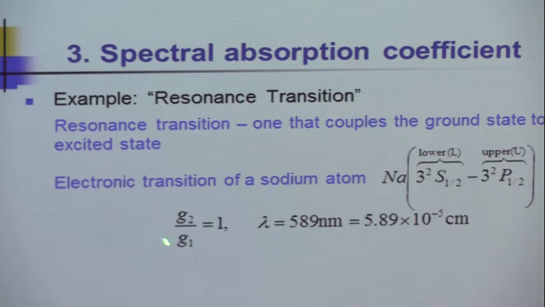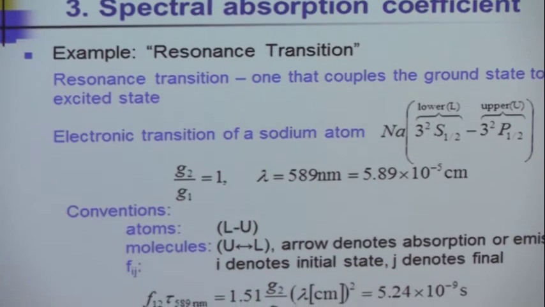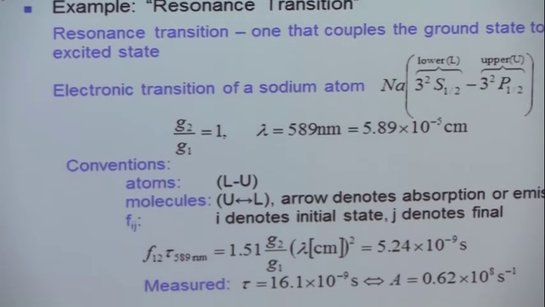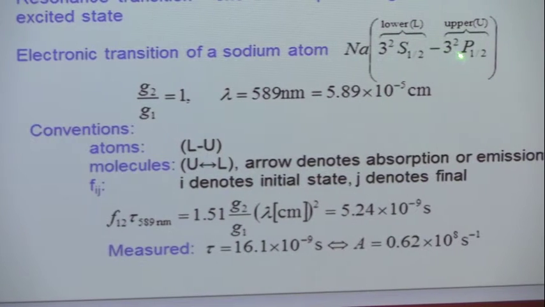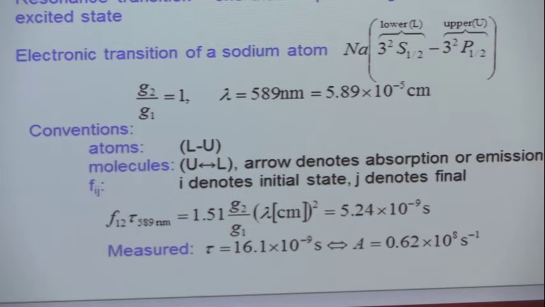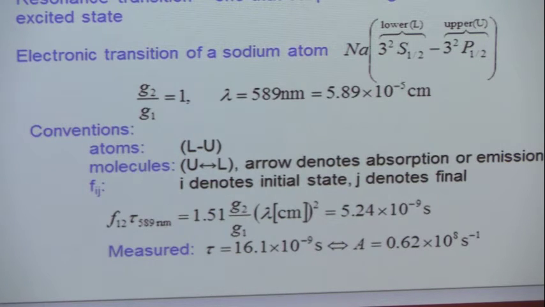It turns out that the degeneracy ratio is about 1, and the wavelength is 590 nanometers, or this in centimeters. The convention for atoms is that you write the lower state on the left and the upper state on the right. The convention for molecules is the opposite. Why this happened, who knows?